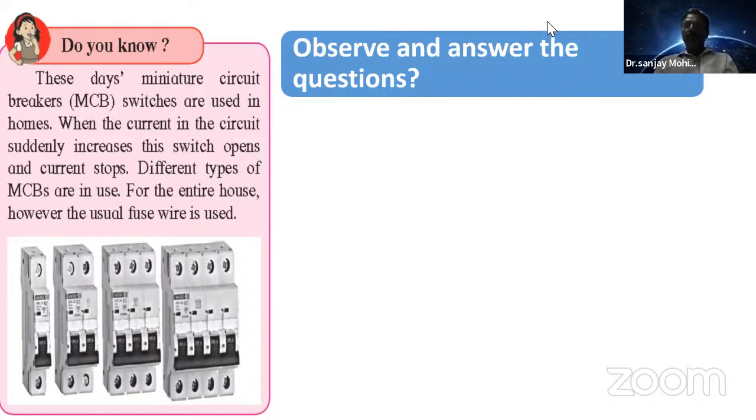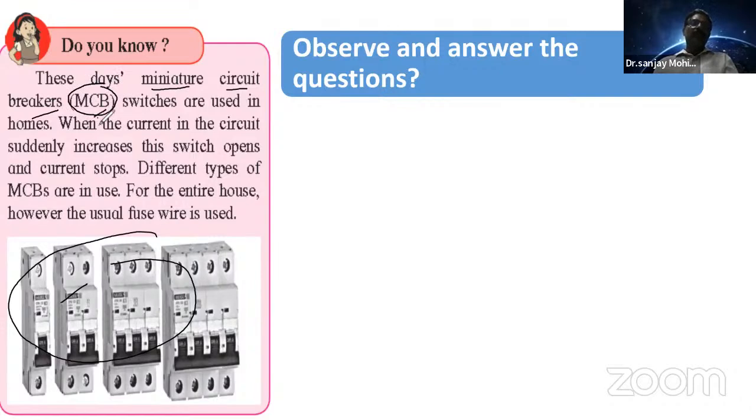Once you understand the concept, you can answer any type of question. Now here in the diagram, you can see all these different varieties of MCBs. So what is an MCB? It is a miniature circuit breaker, abbreviated as MCB.